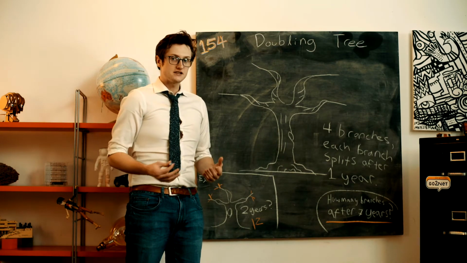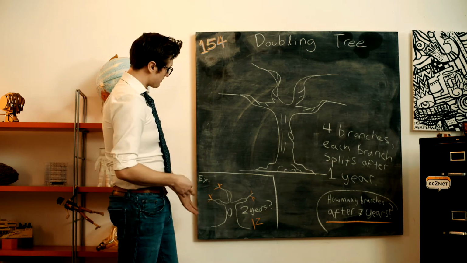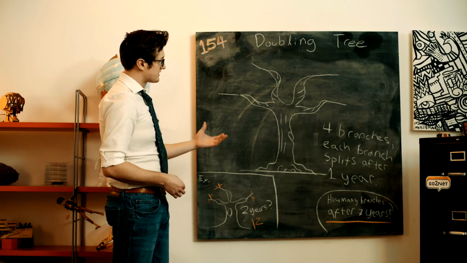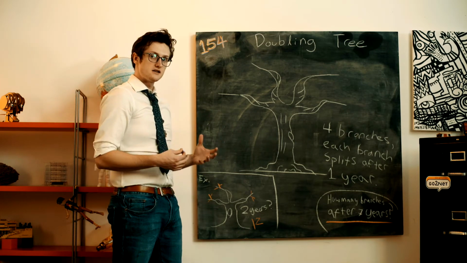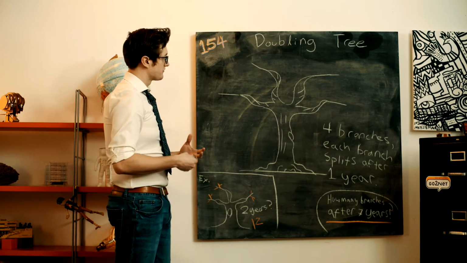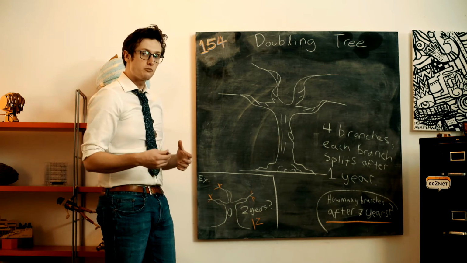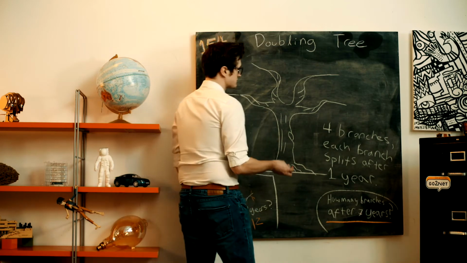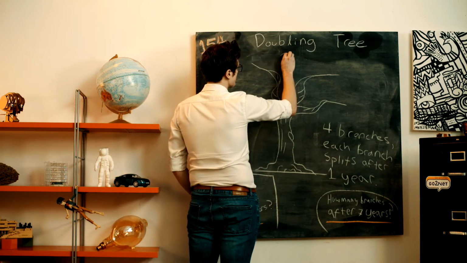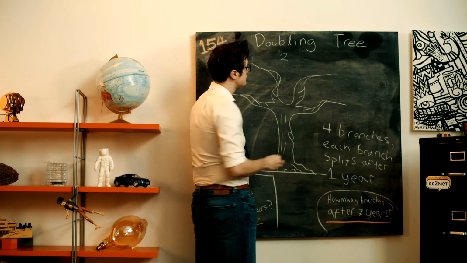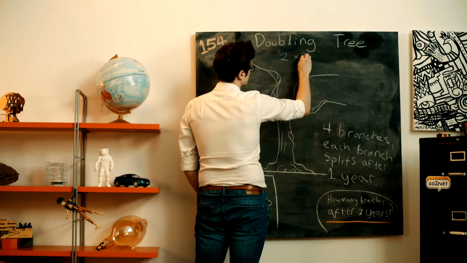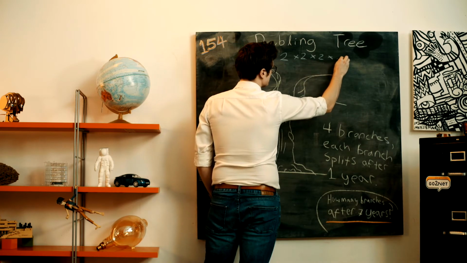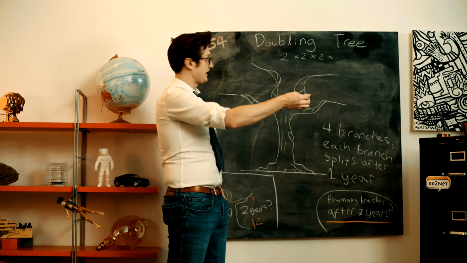So the first thing to do about this problem, and you remember we went through an exercise, is to realize that these branches split into 2 every year. So this is actually a problem to do with powers. If we were to think about this, our result's going to end up being 2 times 2 times 2 for every year.